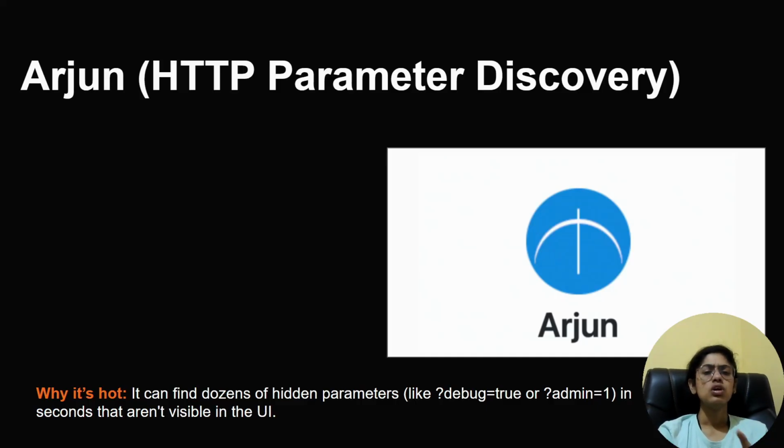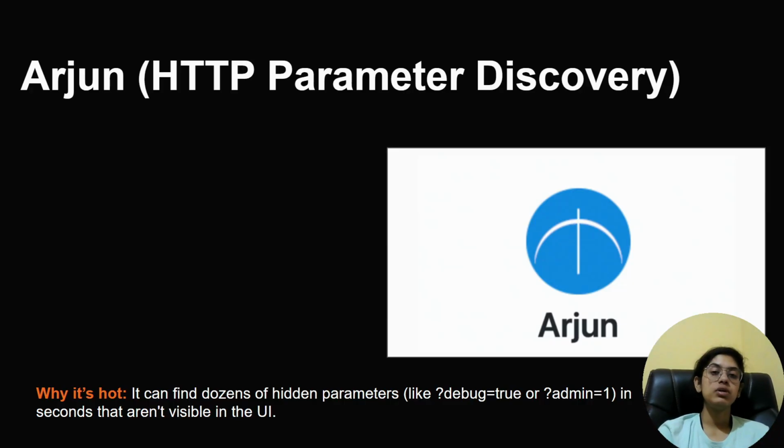Next is Arjun. Most people have already used this tool, but I'm just telling you. Arjun is an HTTP parameter discovery tool. It is also available on GitHub. Why is it useful? It can find dozens of hidden parameters, right?